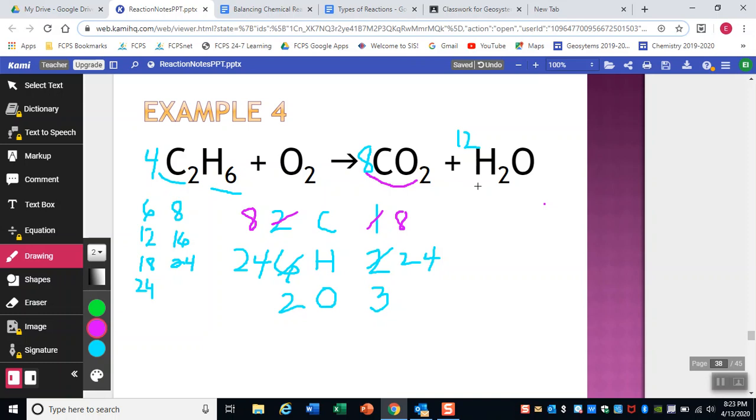And 12 oxygens. So 16 and 12 would be 28. So I would put a 14 here, I mean, 2 times 7 is 14. Okay, so that gives me 28.